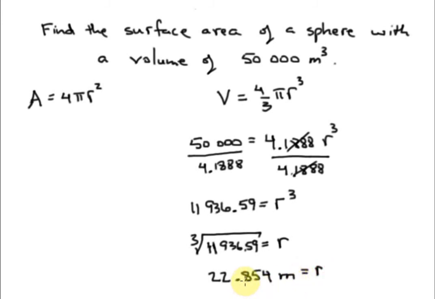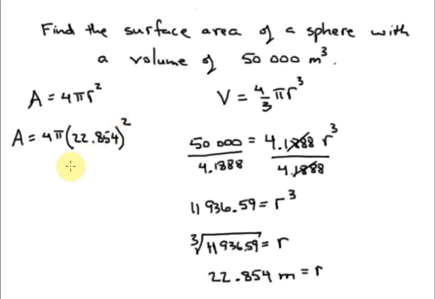So now that I have the radius, I can go over to this formula to get the surface area. All I've got to do is plug in 22.854 for r and square it.